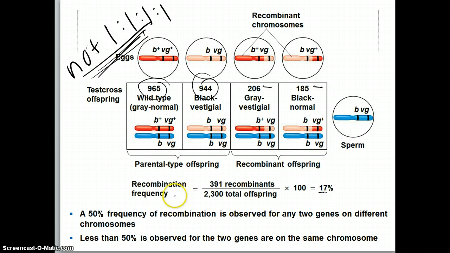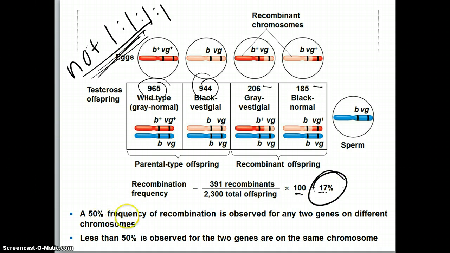So our recombinant frequency is basically you take the number of recombinants over the total number of offspring. So in this case, we have 391 recombinants, and we have 2,300 total offspring. To get your percentage, you multiply by 100, and in this case, we get 17%. So what we do is you compare this to 50.